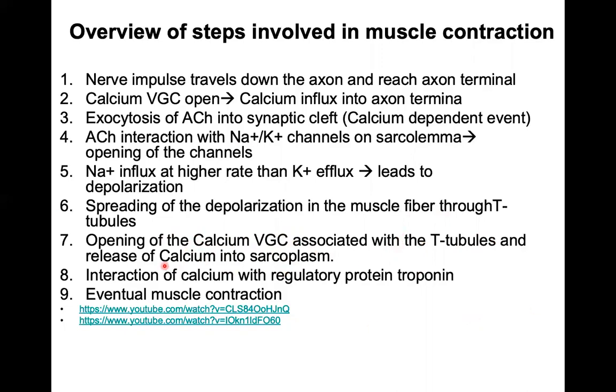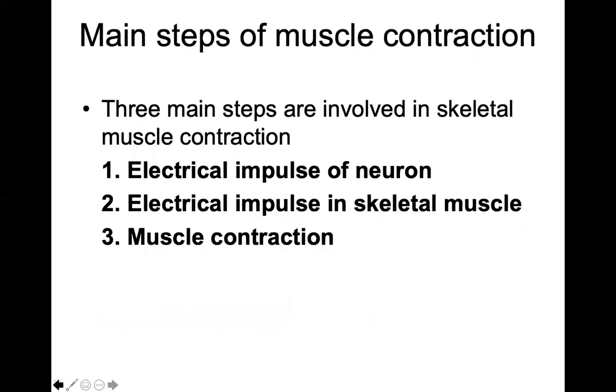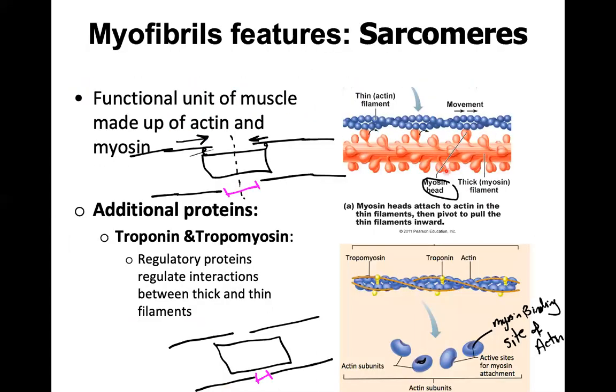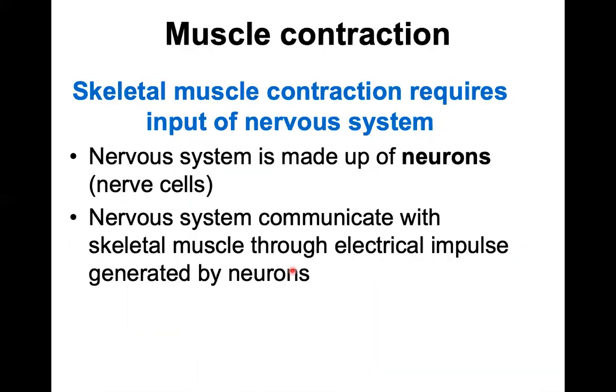And as we talked about earlier, calcium can interact with what? Calcium can interact with my troponin and move tropomyosin, which allows the myosin binding site to interact with the myosin heads, and that interaction causes muscle contraction.